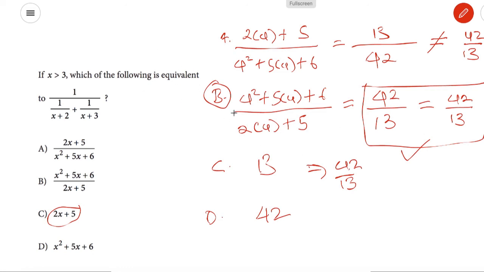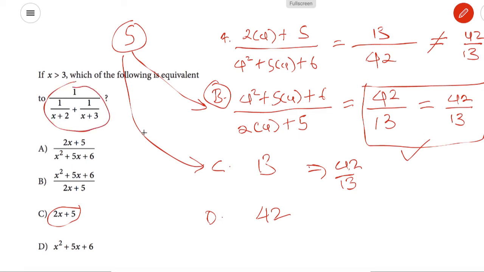If for whatever reason you get the same number for two options, you choose a new number like 5 for example, and then you plug in that new number for the two options that are giving you the same answer. By the time you plug in that number for those two options, and you plug it also for the original thing, only one of the two should be correct. Okay? But that rarely happens. More often than not, if you plug in a number, only one will be correct, and that will be your right answer.